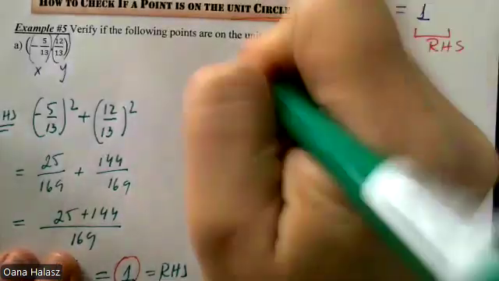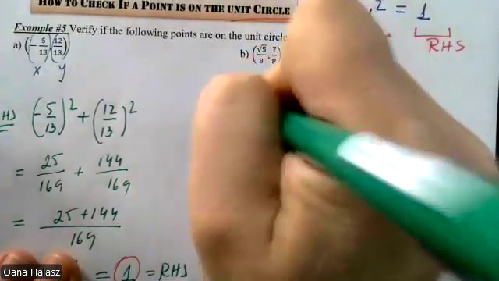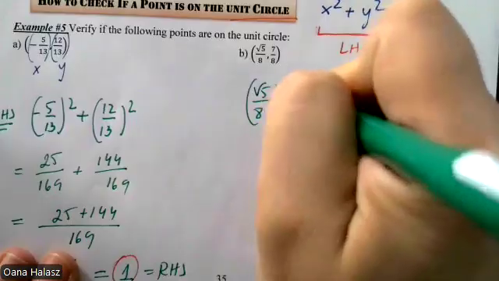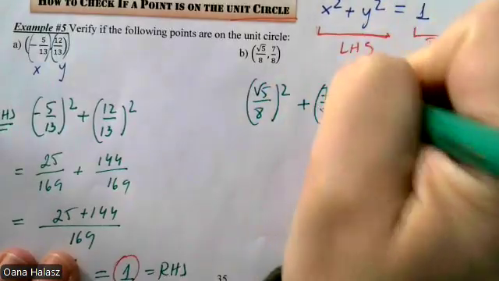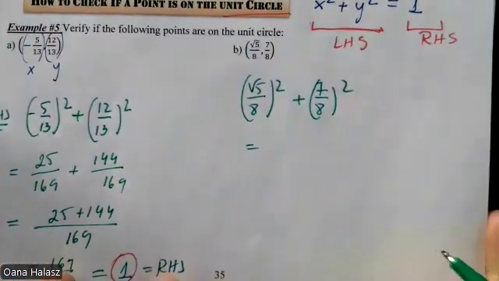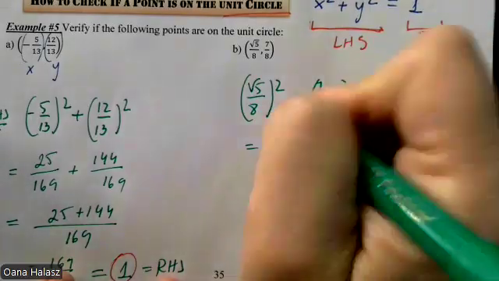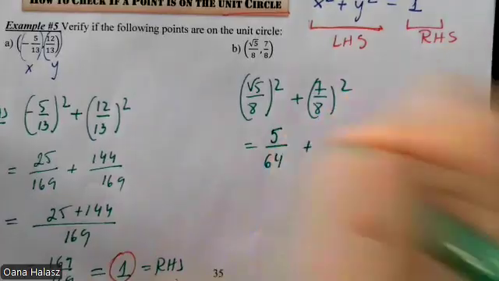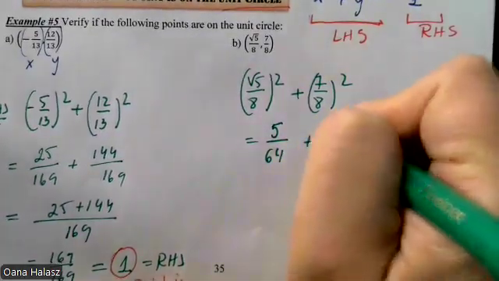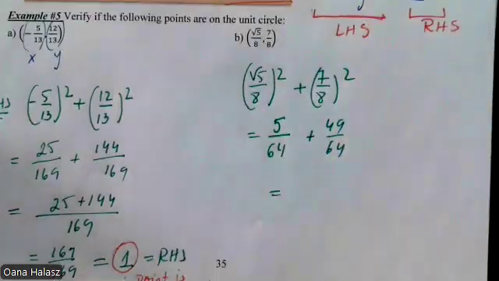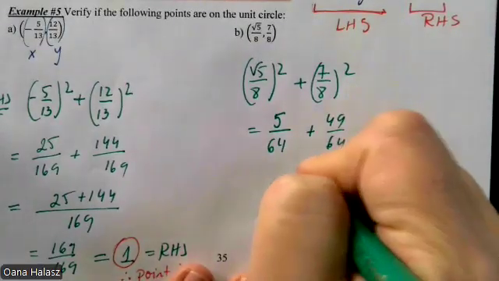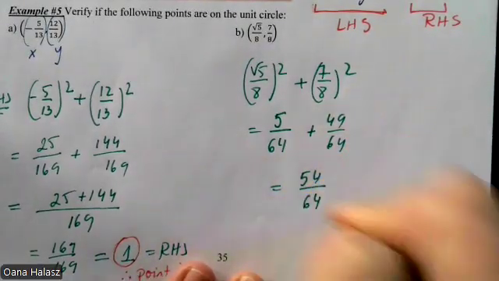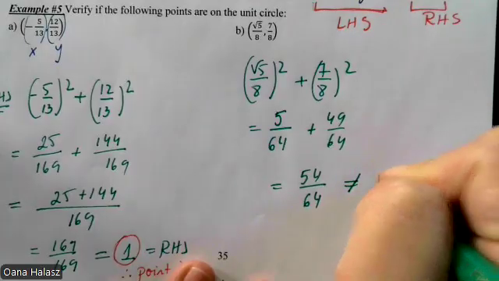Okay, how about the second one? Square root of 5 over 8, everything squared. Add 7 over 8, everything squared. Let's see. Square root of 5 squared is 5, 8 squared, 64, 7 squared, 49 over 64. 49 plus 5 is 54 over 64, which does not equal 1.